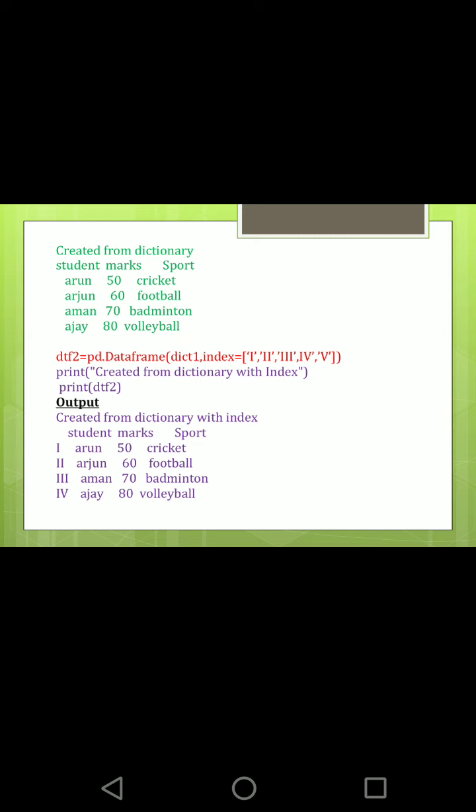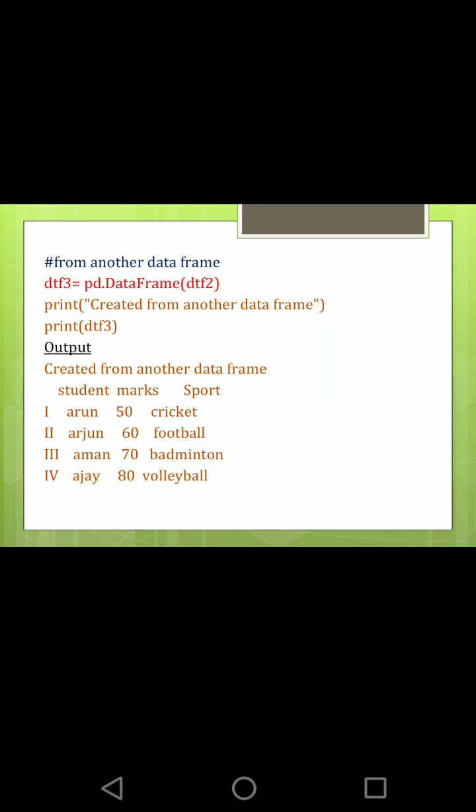After creating the index for the data frame, you can see DTF2 printed here in violet color. So you can see created from dictionary with index, that is the first print statement. The second print statement displays the content of the data frame. You can see the index is also now included.